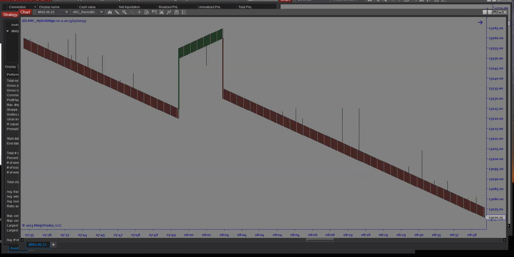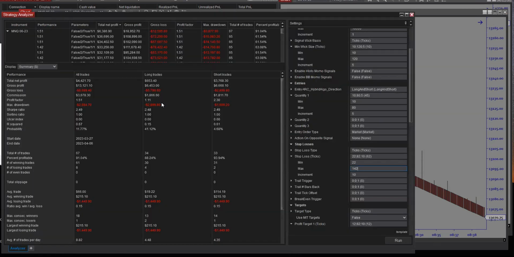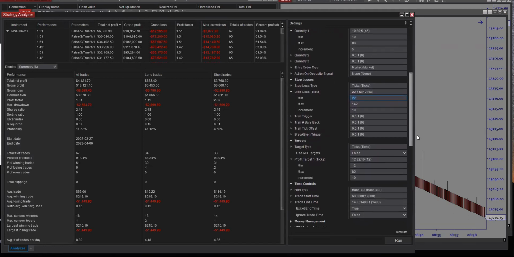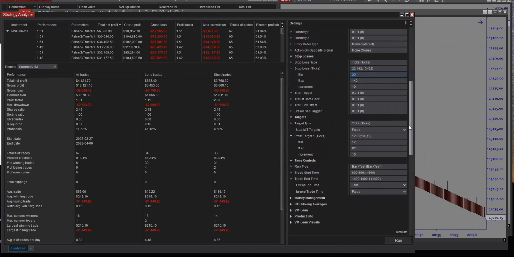This is why I will test both variations. So I'm going from a minimum stop to a maximum stop, and I'm going to go up in 10 tick increments because it's not a lot of ticks on the NASDAQ. If I go into profit targets, what I'll normally do is ask myself, if my minimum stop is 22, most people are maybe going for a 0.5 R multiple minimum.